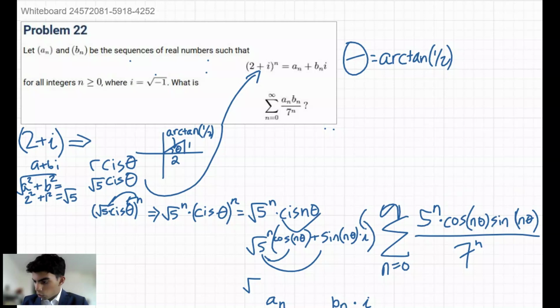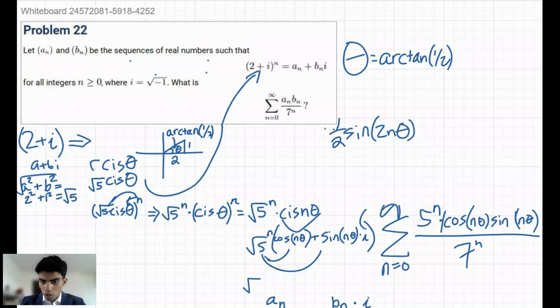We will get sine of 2n theta, and we have to preface it with a 1/2 coefficient since there is no 2 in front of the cosine n theta. It's just a 1 cosine n theta over here.